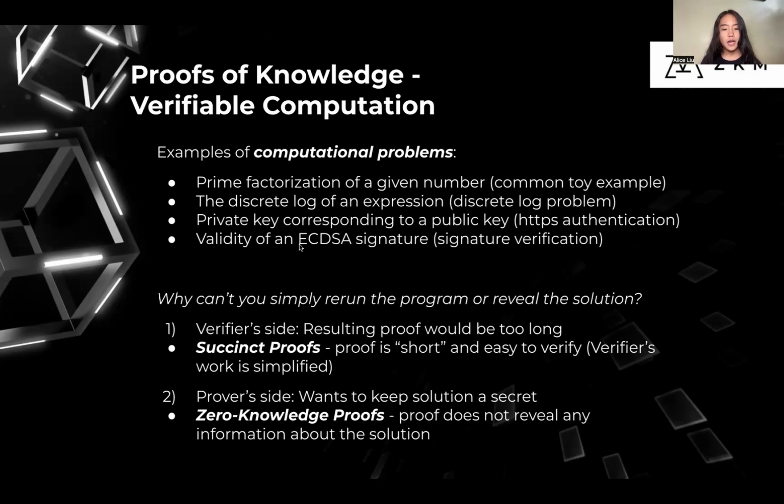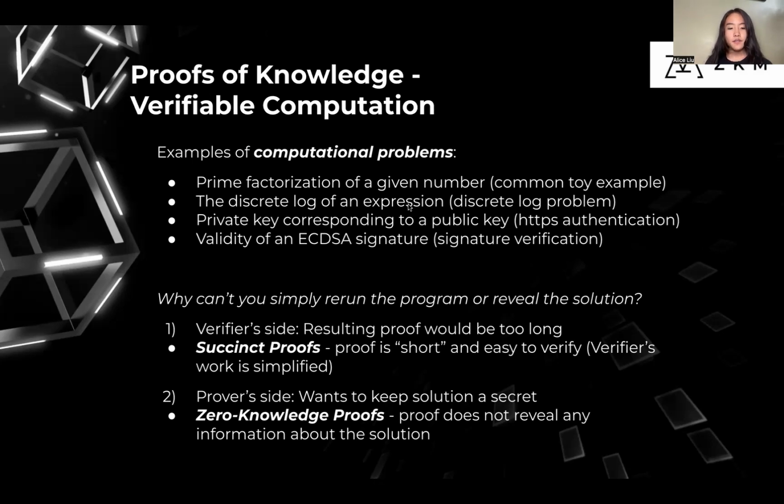And a fourth example is the validity of a signature from an ECDSA. That uses keys from elliptic curve cryptography, which also ties into the application of signature verification. So those are just some of the examples of computational problems that we're speaking about.